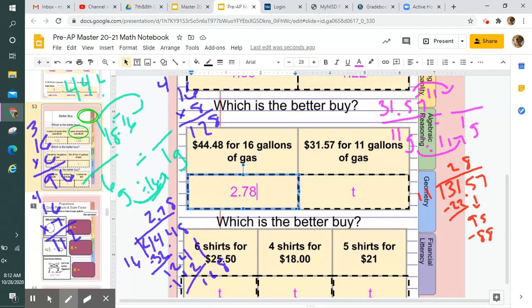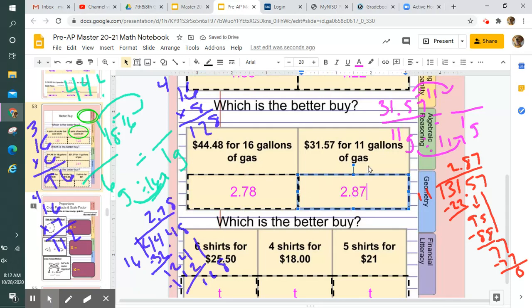So 95 minus 88 is 7. Bring down our 7. 11 goes into 77 7 times, and 11 times 7 is 77. So that means that this one is $2.87.